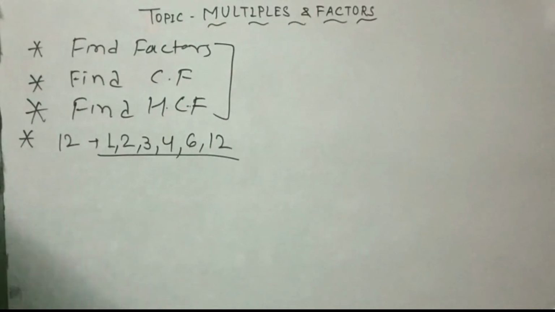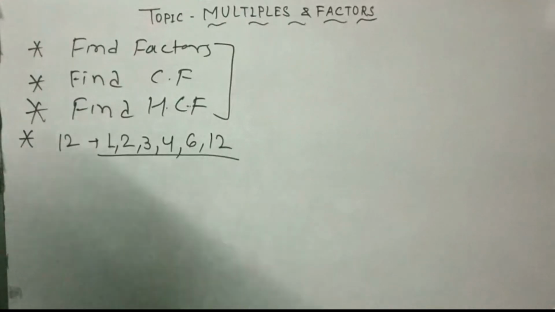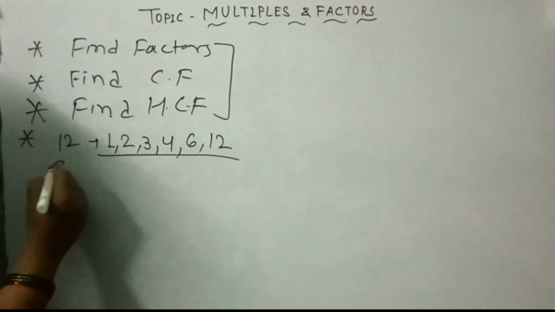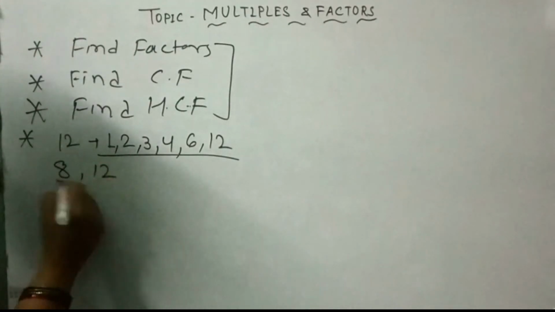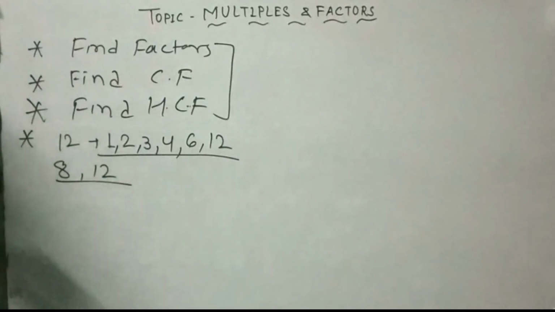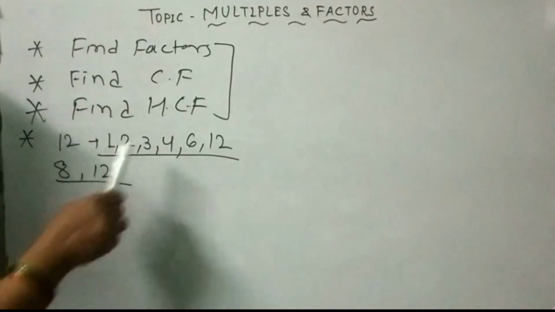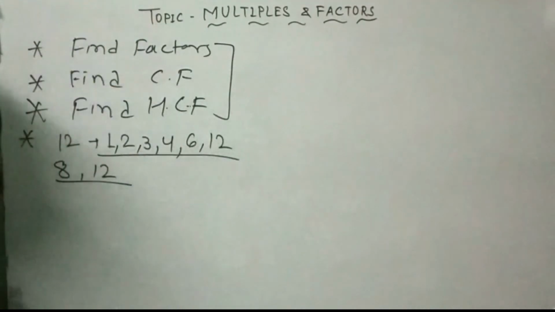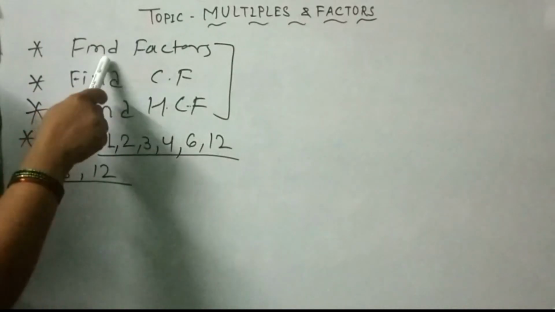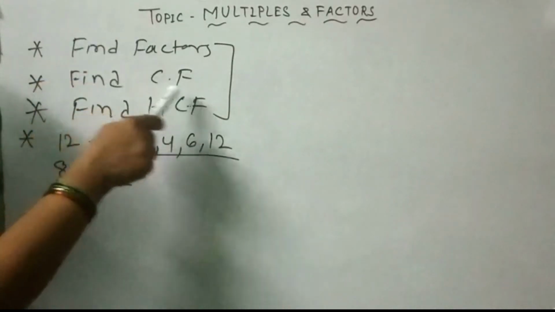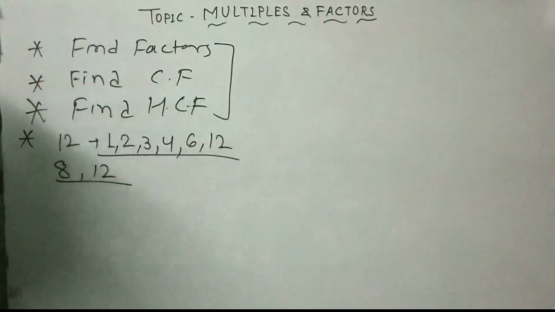Students, if I give you two numbers, 8 and 12, and the question is to find the HCF, that means highest common factor. For finding the highest common factor, first we have to find the factors, then the common factors, and then at last we will get the highest common factor.